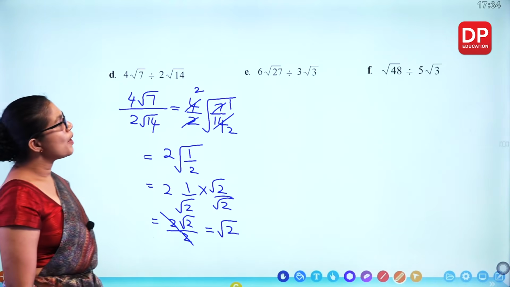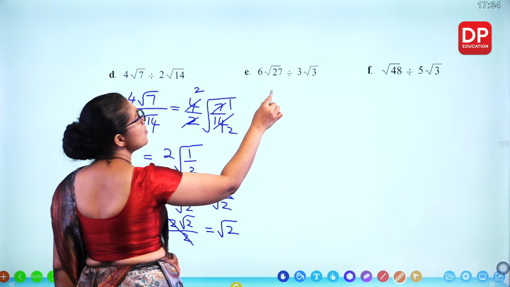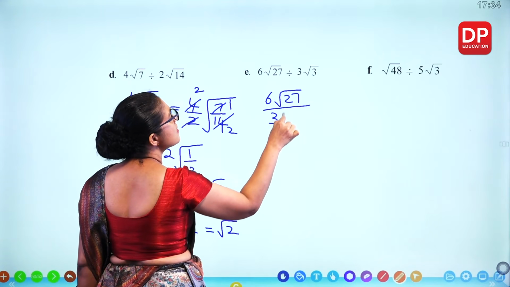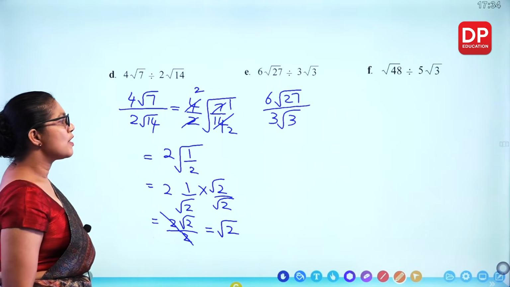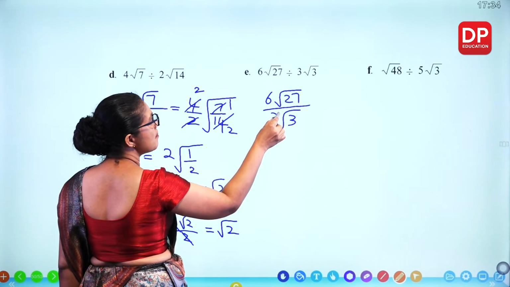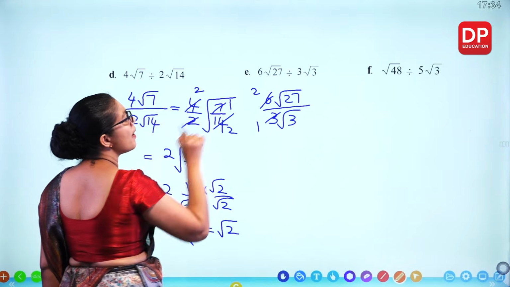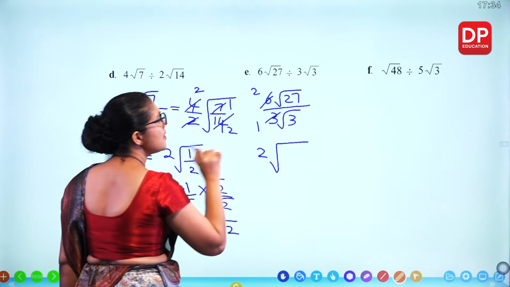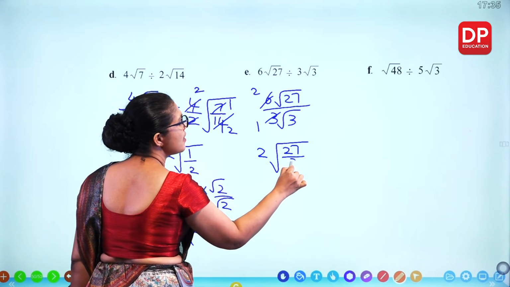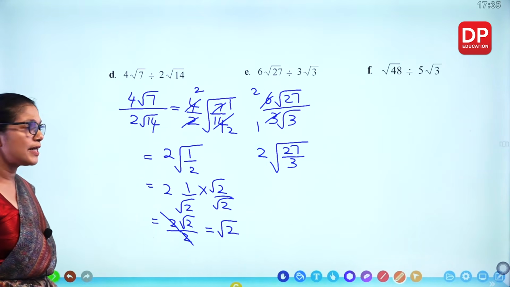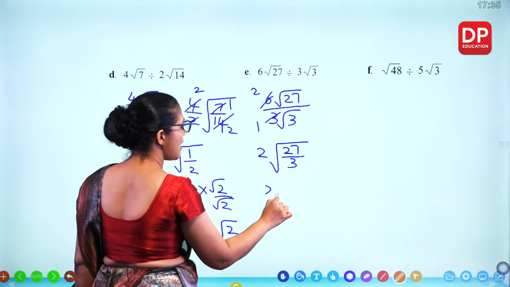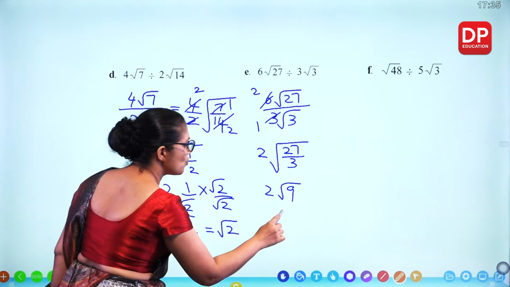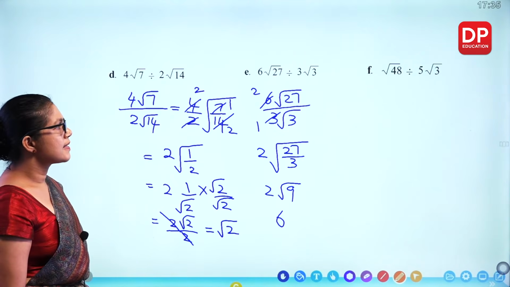Now look at the next one. Write it down in fraction form. I can write this one in this form. Then what's the next step? I can simplify the whole part like this and write the surd inside. 27 over 3. So what is 27 over 3? You get 9. What is the square root of 9? You get 3. 3 times 2, you get 6.